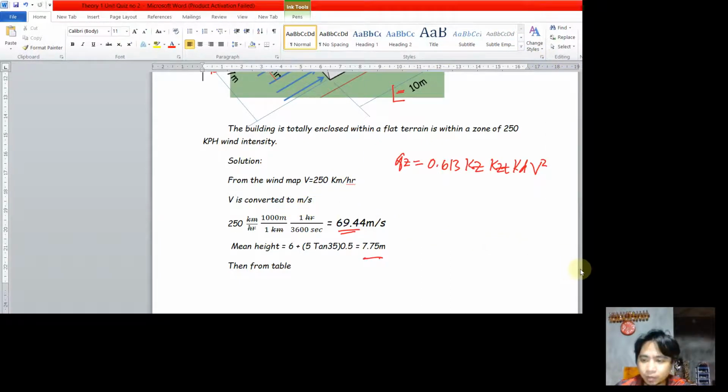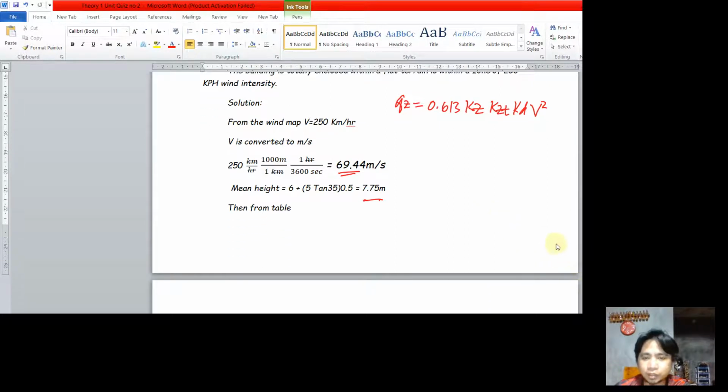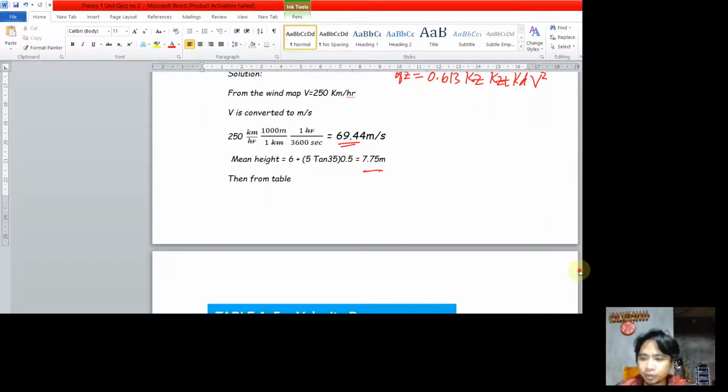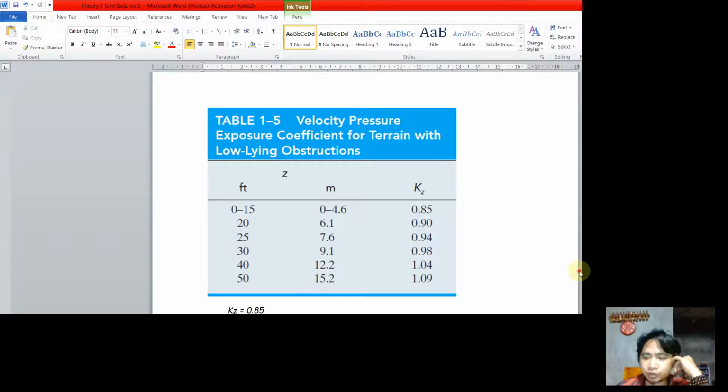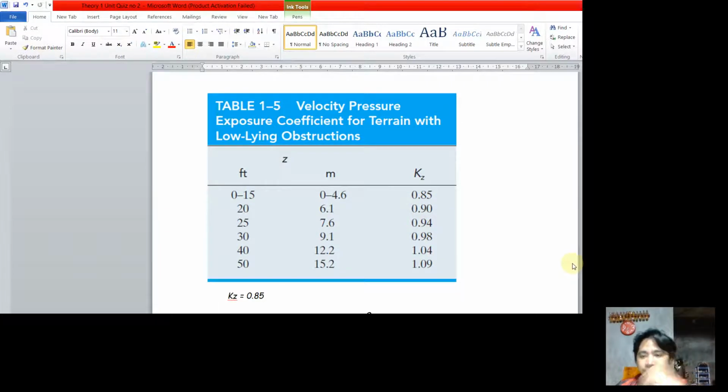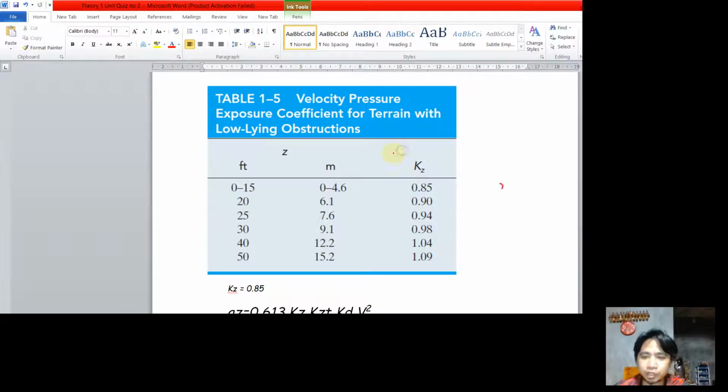Okay, so now that we know this V and 7.75, we move on to the windward pressure. So remember that the windward pressure is to be used with QZ, that is shown in the table. Therefore, referring to the windward, we should consider the different heights. So we have 7.75.